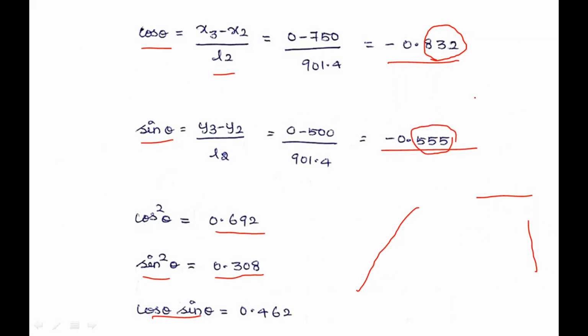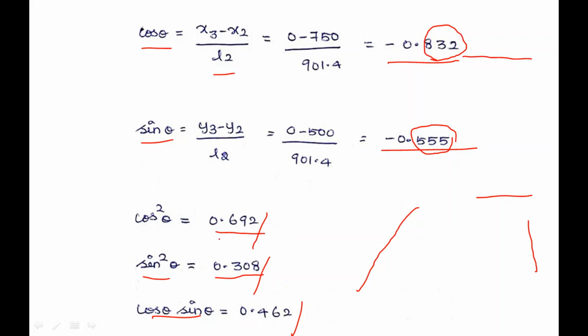This type of error is called rounding off error. If you want to minimize that rounding off error, we have to consider as many decimal places as possible, but when we are doing it manually, we can restrict ourselves to 3 decimal places. For manual calculation, up to 3 decimal places is encouraged. All the time we are using 3 decimal places. It is very important.